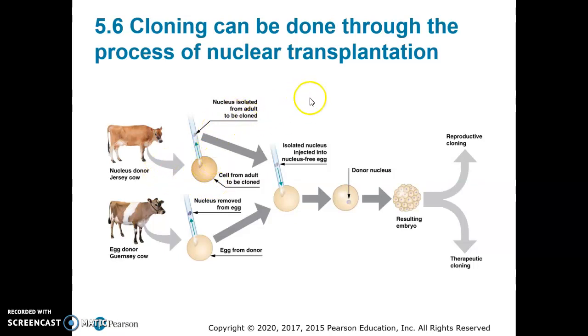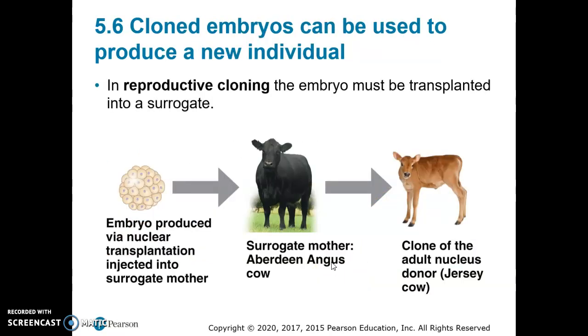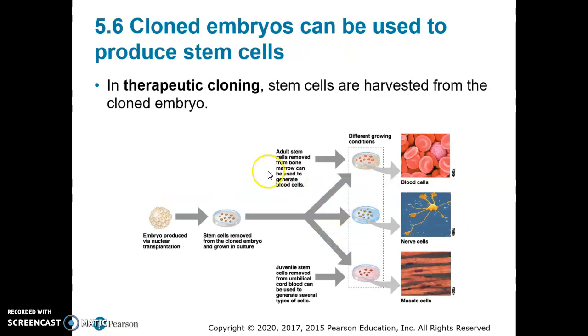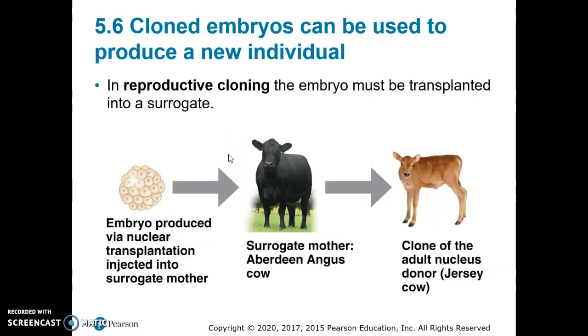You remove from that donor her genetic information, so you remove the nucleus, and add another cell from a female's eggs, and you end up with an embryo. That embryo is going to be an identical make of the mom.